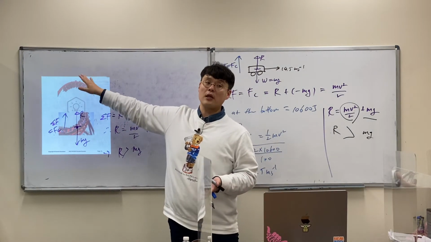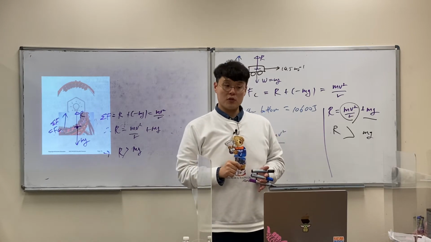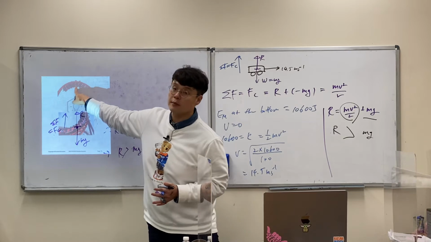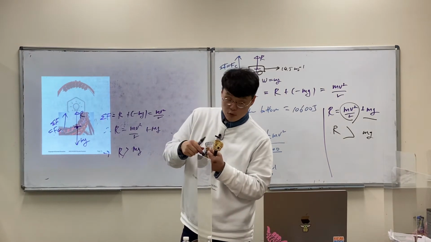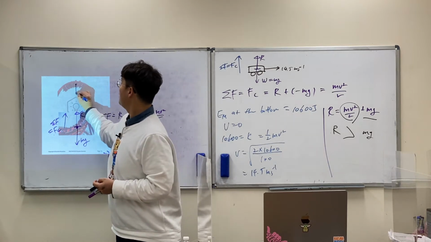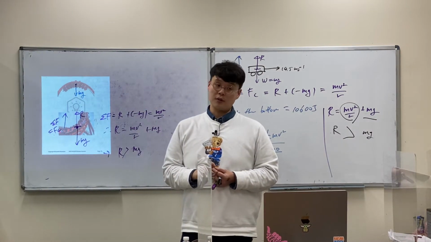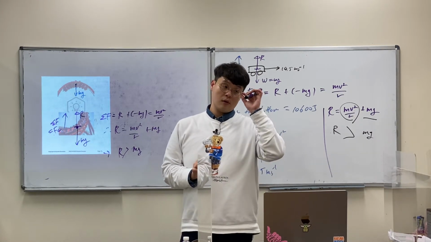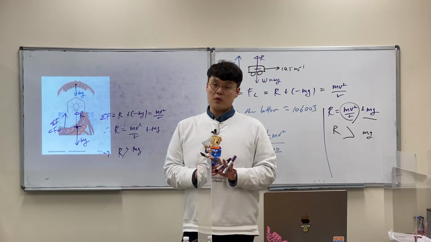But let's think about what type of normal reaction force they would experience. First of all, what are the forces acting on these people hanging here? Let's take specifically this person in the middle. There will be mg, straight down from here. Mg, very good. What else? What can you tell me about the normal reaction force? How do you define a normal reaction force?